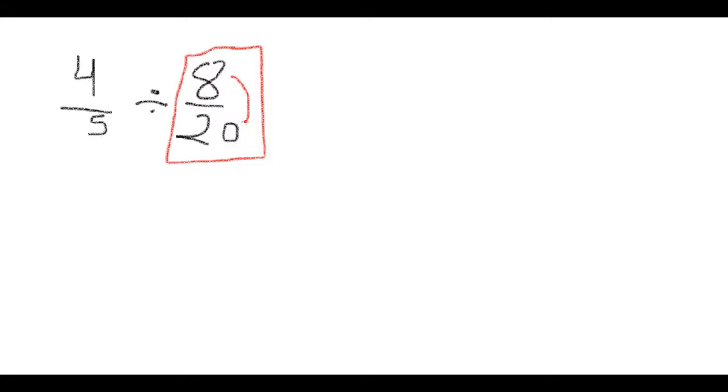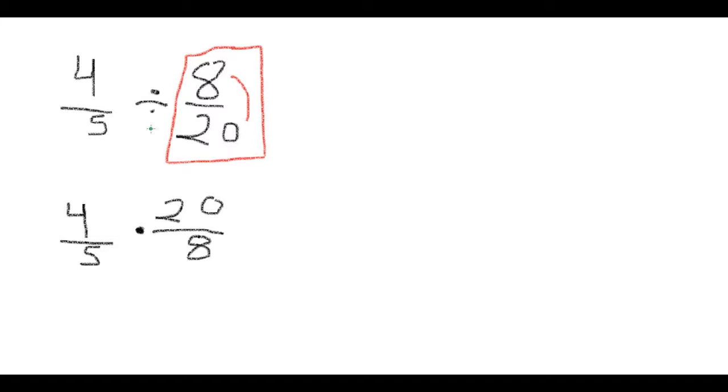I usually change the fraction that's on the right hand side. So we need to change this fraction, everyone. But what I mean by change is we need to reverse these two numbers. The numerator becomes the denominator, and the denominator becomes the numerator. Let me rewrite it and show you what happens.